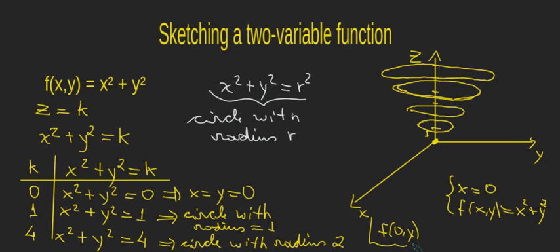I have here a function that only depends on y. As it only depends on y, I can write this as a function of y, f of y, which is, in the place of x I will put 0, will be 0 squared plus y squared, equals y squared.